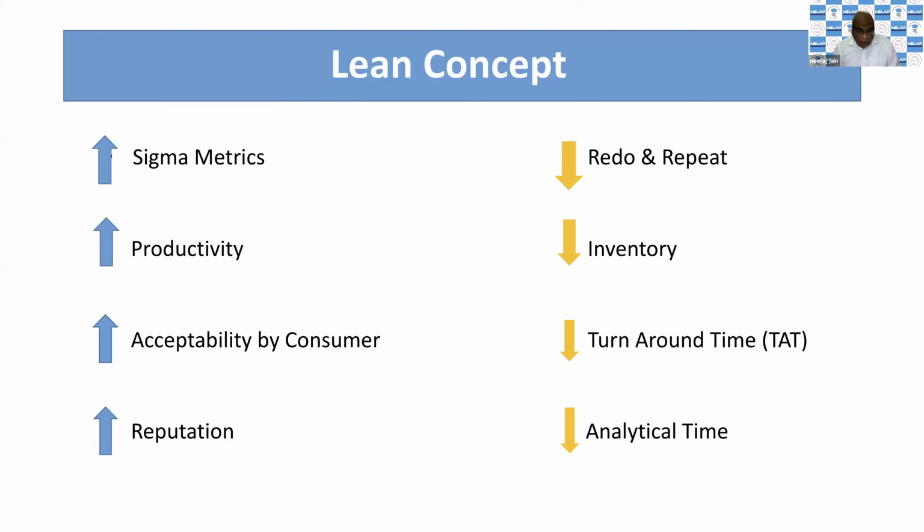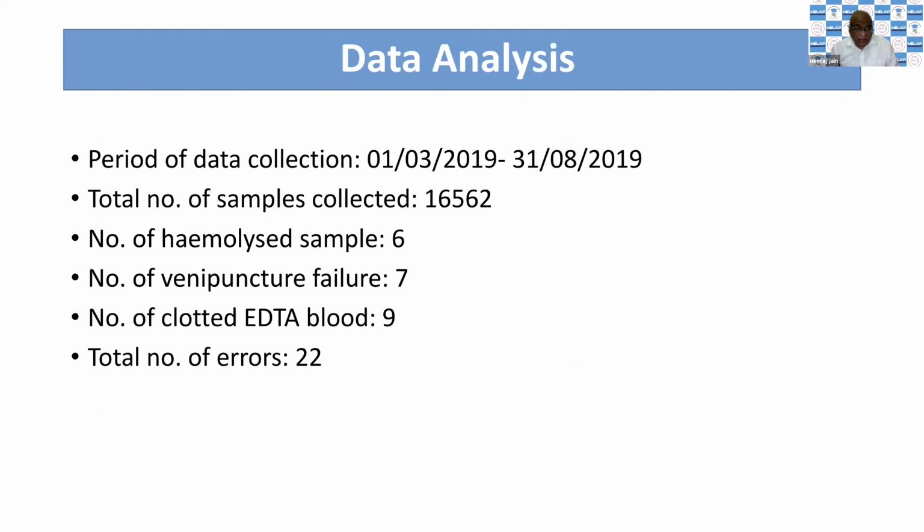Less inventory we need to maintain, and when there are fewer redos and repeats, our turnaround time will also improve. That means it is decreased, and we need less analytical time to perform a particular test. That means overall the laboratory will gain more reputation and more happiness.